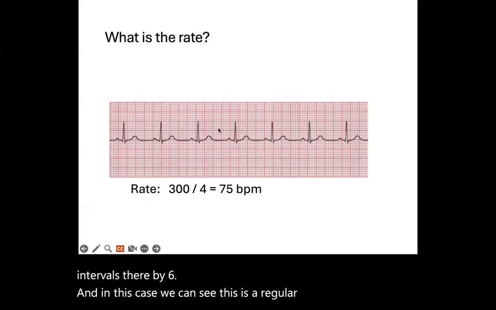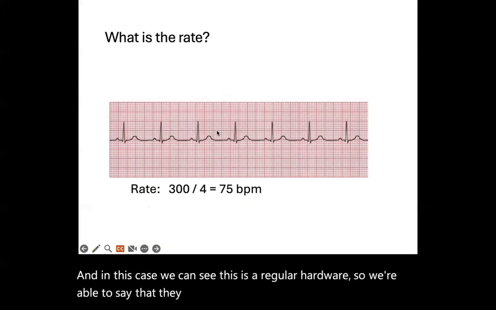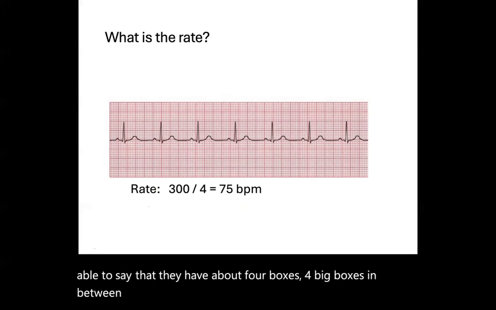There are four big boxes between 2 R intervals, so we just divide 300 by 4 to get 75 beats per minute.